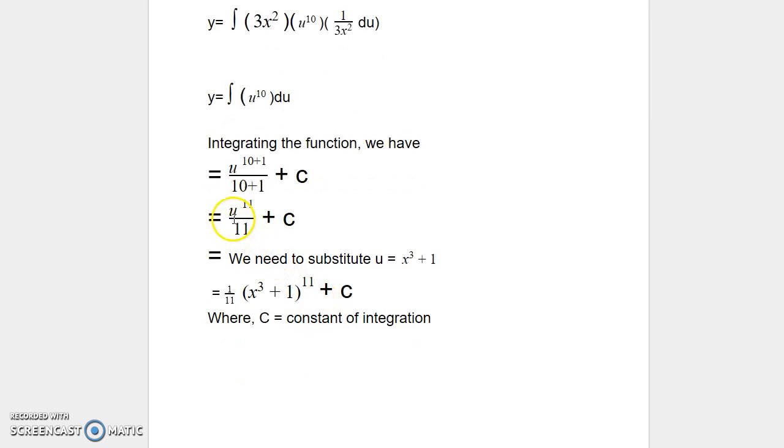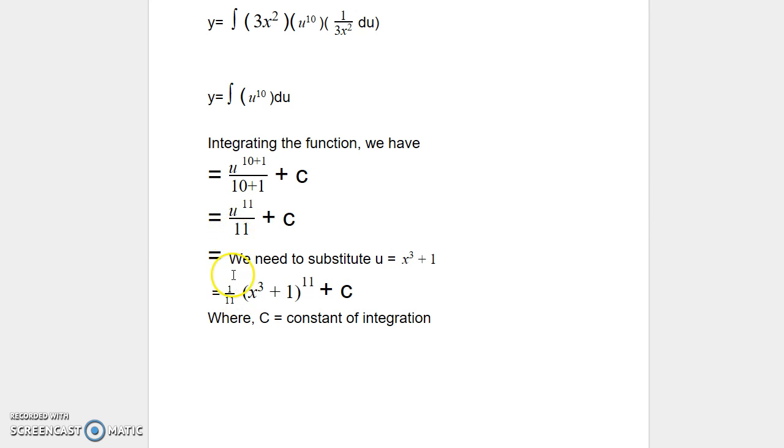So wherever we see u, we're going to replace it by x cubed plus 1. We cannot leave our solution in terms of u. We need to express our solution in terms of x. So wherever we see u, we substitute x cubed plus 1 into that equation.